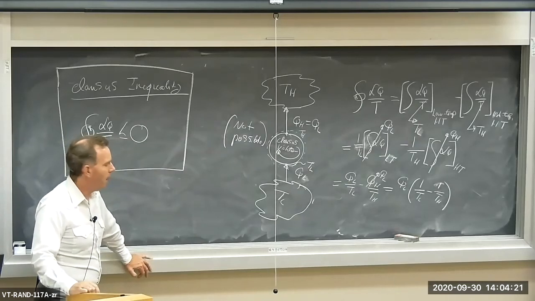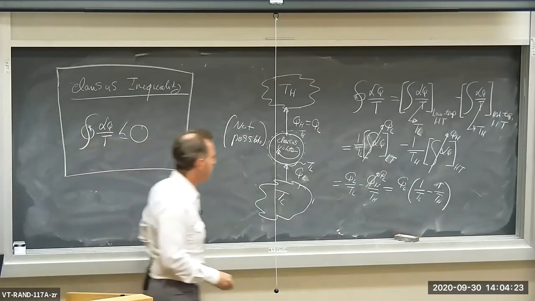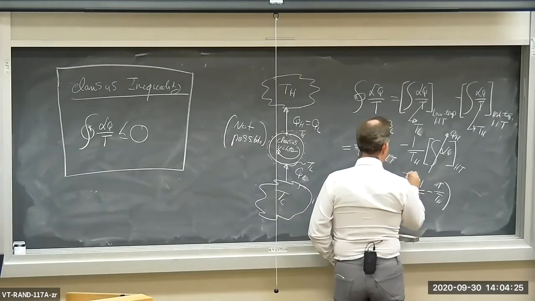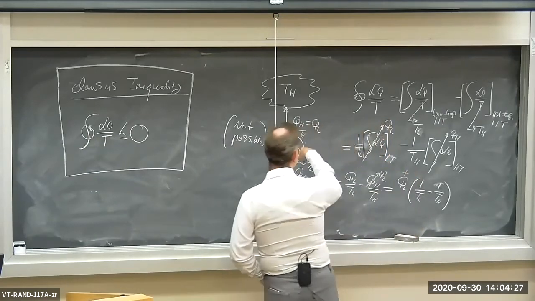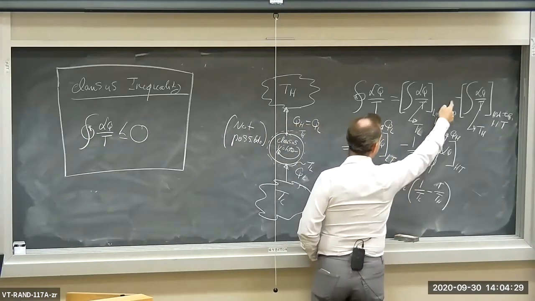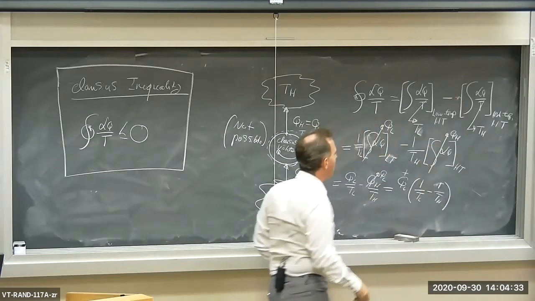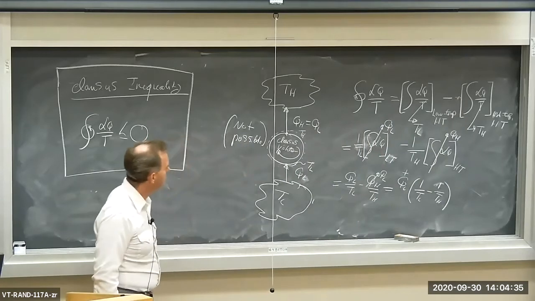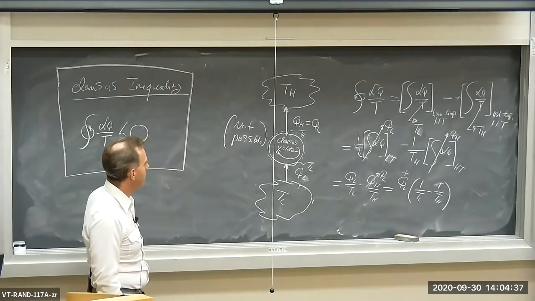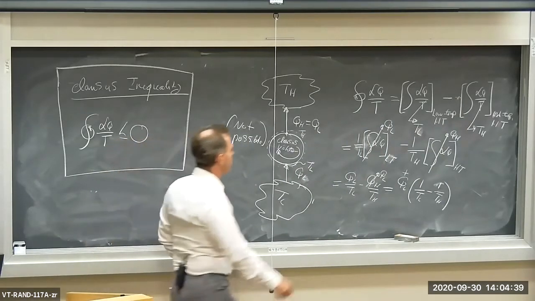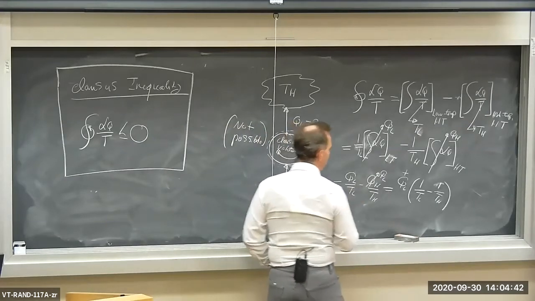Now, QL is positive, it's a positive heat transfer. I've dealt with the signs of the heat transfers with this negative sign. There's a negative sign in front of this QH out of the system right there. So the signs on the heat flow are taken care of with this negative sign here. QL is positive.